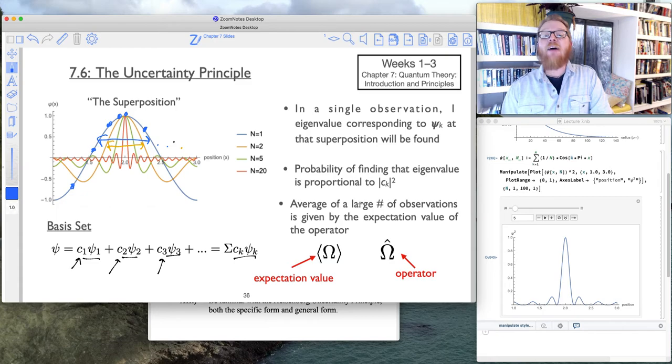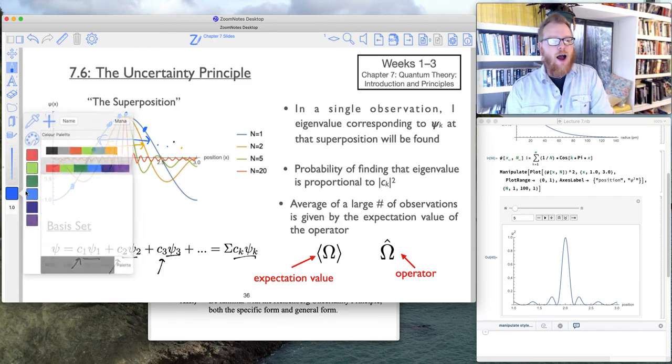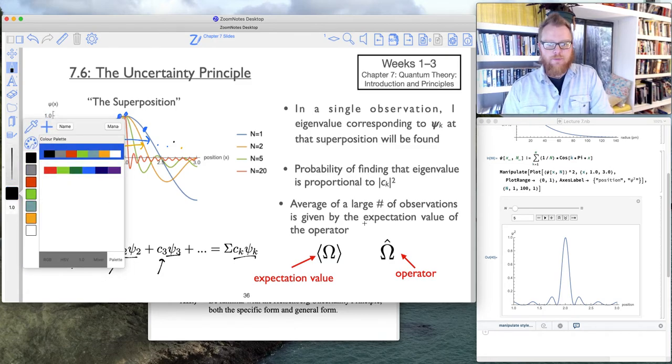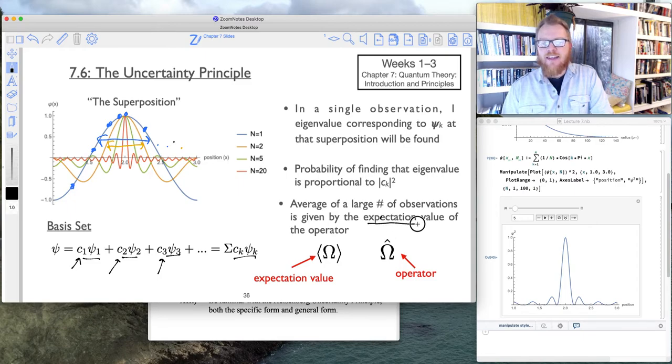And now the average of a large number of these observations is given by the expectation value of the operator in question. So what we're doing here now, we're talking about position, okay? So if I wanted to know, for a large number of observations, perhaps n is equal to 20, what becomes the expectation value of that position?